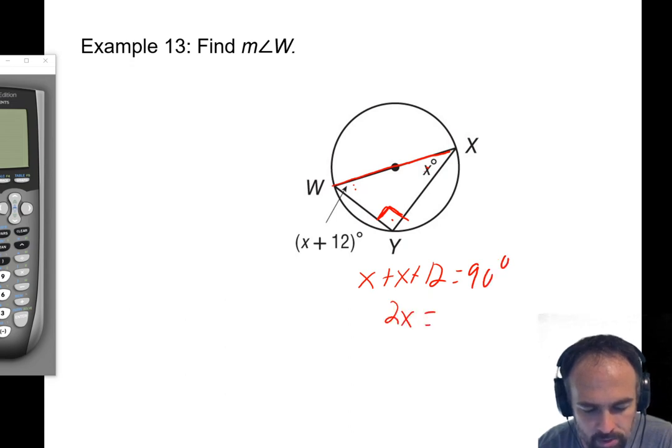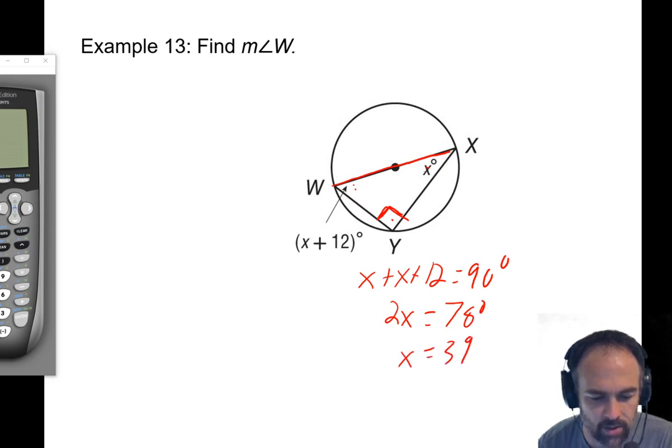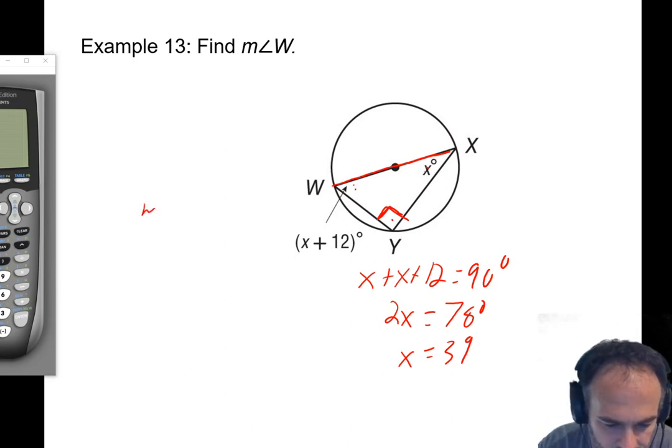So 2x equals, subtract 12, gives me 78 degrees. Then divided by 2 gives me x equals 39. Therefore the measure of angle W equals 39 plus 12, which is 51 degrees.